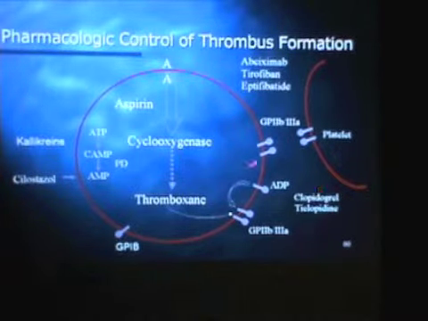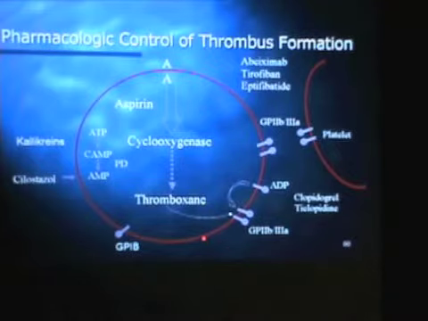All right? Then ADP, what that does is it sends signals to other platelets to come. So if this receptor is inhibited, other platelets don't come. And if this receptor gets inhibited, it sends a signal to glycoprotein 2b3a to turn off. That's why these patients bleed. Okay, because the functionality is severely compromised.